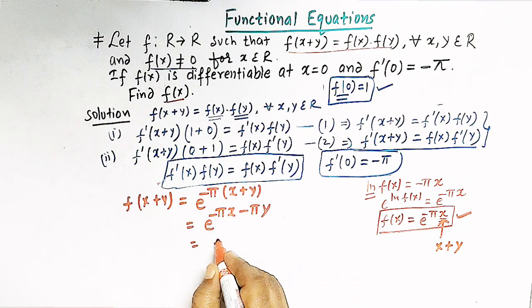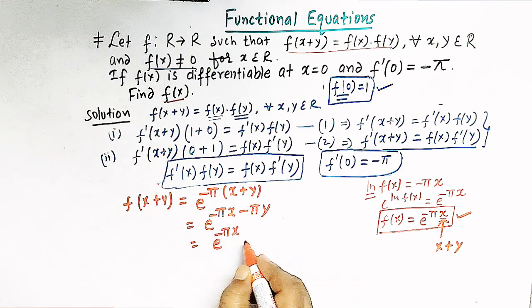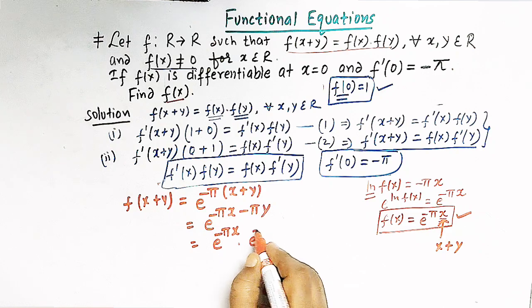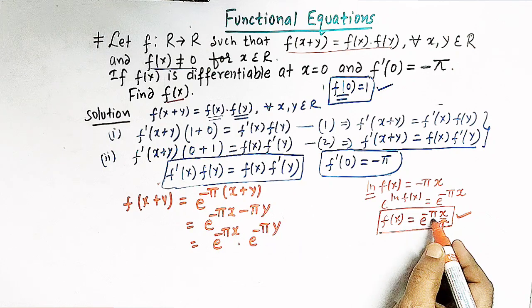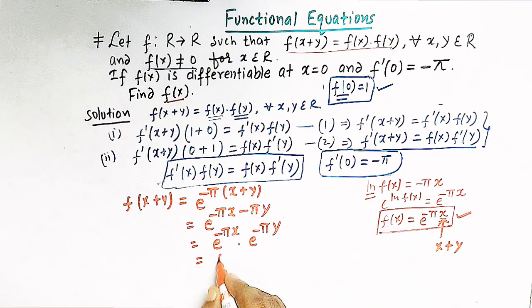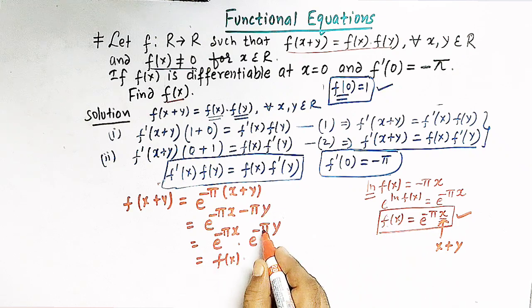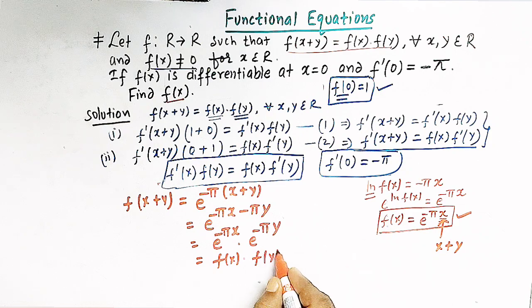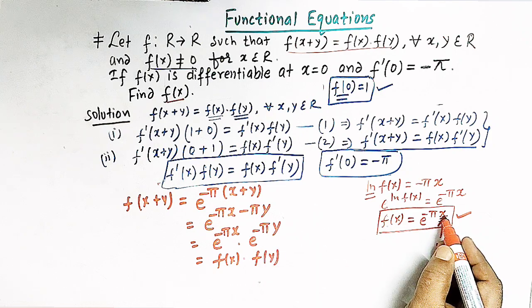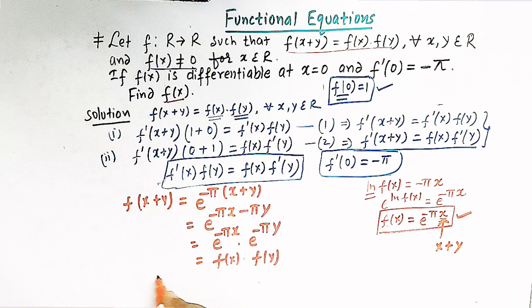So we can now write e raised to minus pi x multiplied by e raised to minus pi y. Now e raised to minus pi x is f of x, and e raised to minus pi y is simply f of y, because in that case we replace x by y. So we have f of x plus y is equal to the product of f of x and f of y.